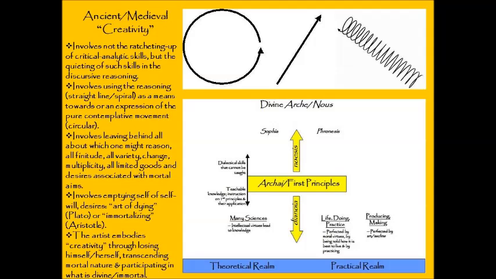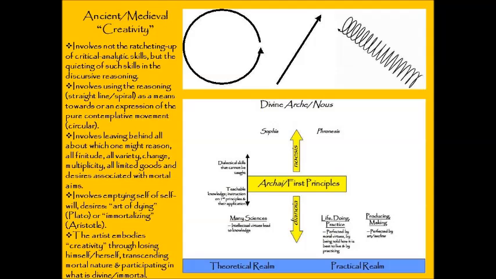Creativity from this line involves emptying the self of its own will, of its desires. It's the art of dying, folks. That's what Plato calls philosophy, or immortalizing as Plato calls it, right? This is creativity. In order to be creative, you have to kind of disappear here.